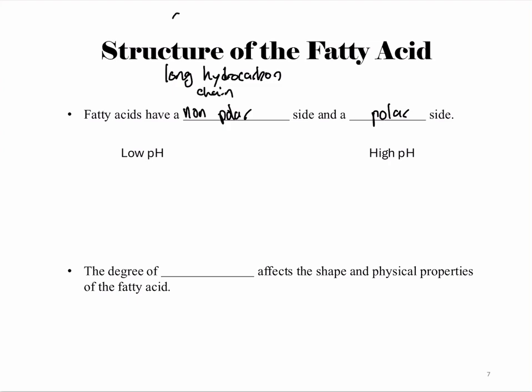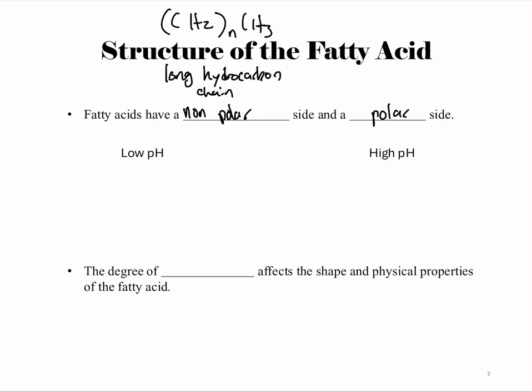And that'll usually look something like CH2, n, and then CH3, right? The edge will be CH3 if there's not a double bond there, and then if it's unsaturated or saturated, you just have a bunch of CH2s repeating.